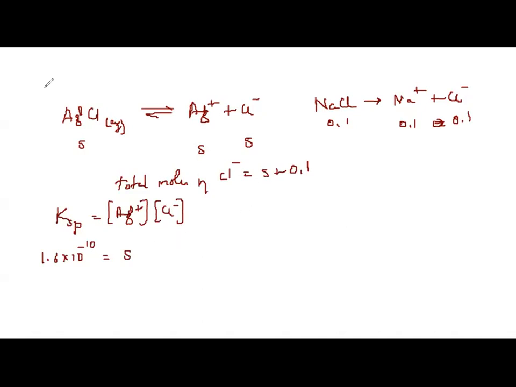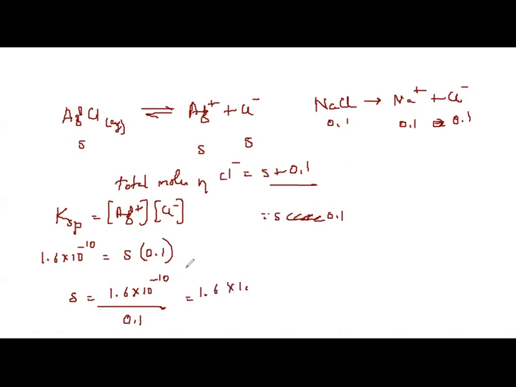See, the solubility of AgCl is very less. Therefore, when I compare, s is very less than 0.1, so it becomes 0.1. Solubility is neglected. So solve for s: it will be 1.6 into 10 raised to minus 10 divided by 0.1, which is nothing but 10 raised to minus 1. Take it to the numerator, you get 1.6 into 10 raised to plus 1.